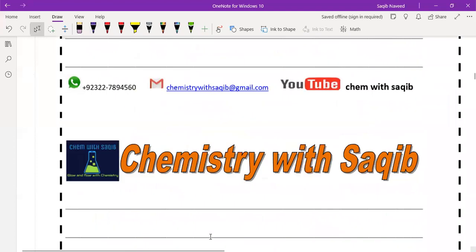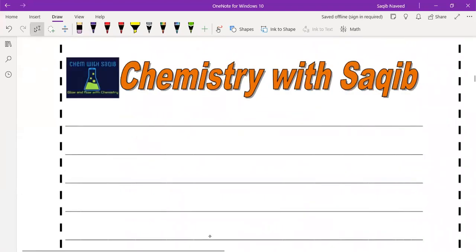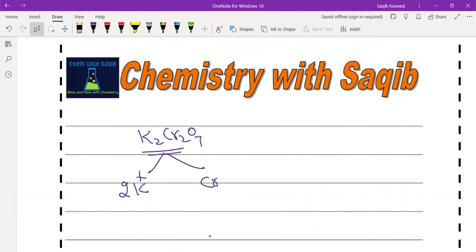So sometimes they ask for cations and anions. Let's suppose we have K2Cr2O7, potassium dichromate. And we know that when it's ionized, we get two cations of potassium and one anion of dichromate. So if it asks, what is the total number of ions?